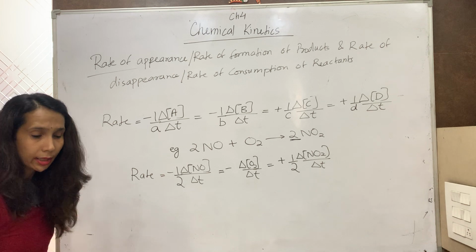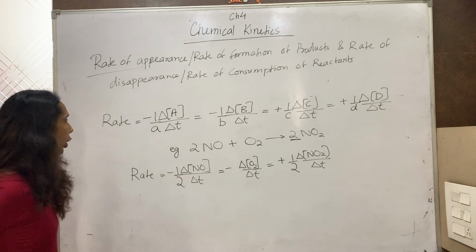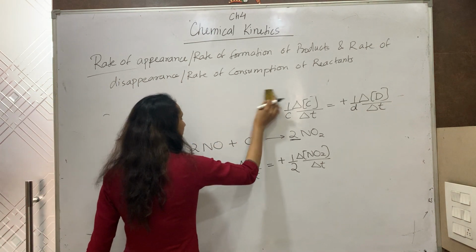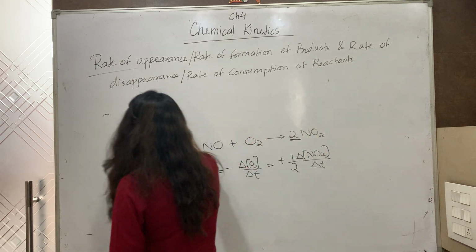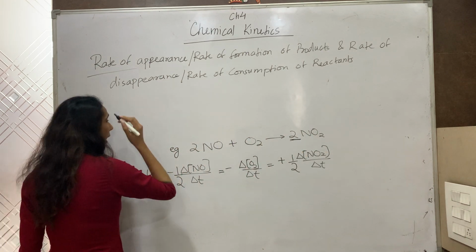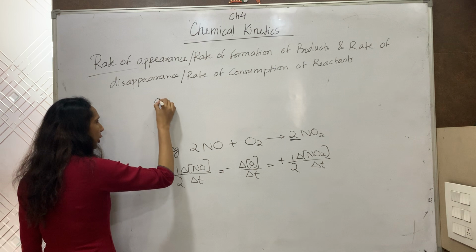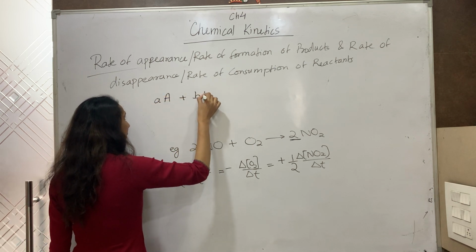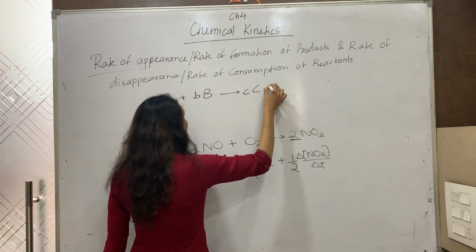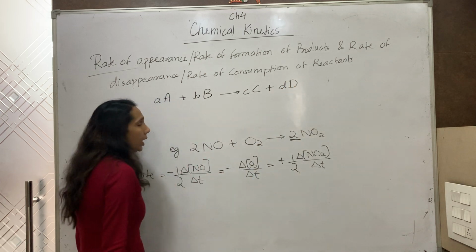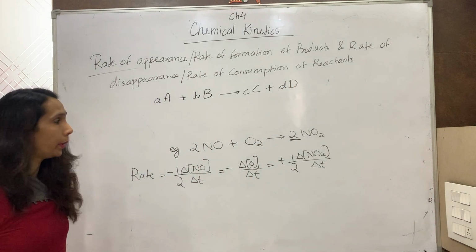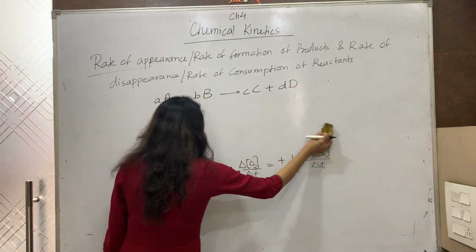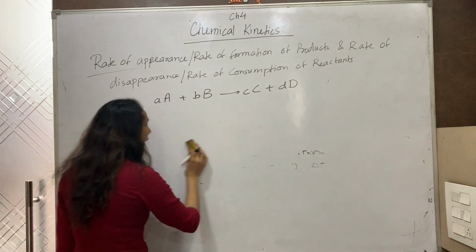So let us consider a reaction. I am considering the same hypothetical reaction: aA plus bB gives cC plus dD. You know that small a, b, c, d are the stoichiometric coefficients. Earlier we had written the rate of reaction.